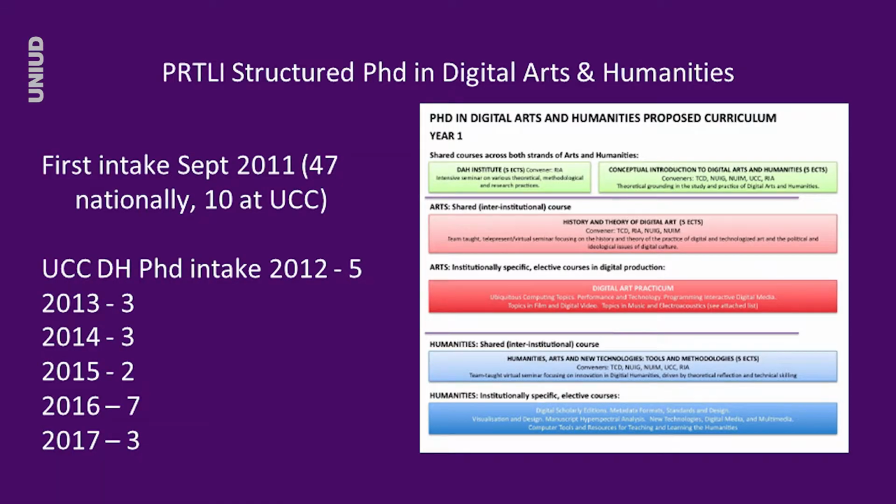So in around 2010, in Ireland, an opportunity emerged to create a PhD program in digital humanities. It was the Program for Research in Third Level Institutions, and so we designed a program for a structured PhD in digital humanities with a lot of taught elements to teach digital methods to PhDs in the humanities.